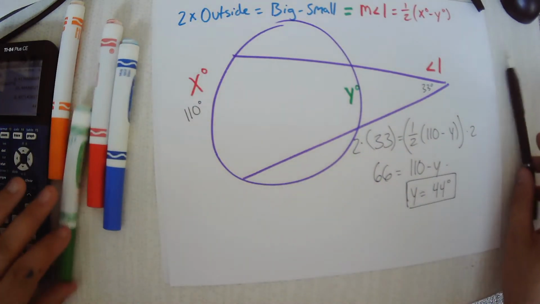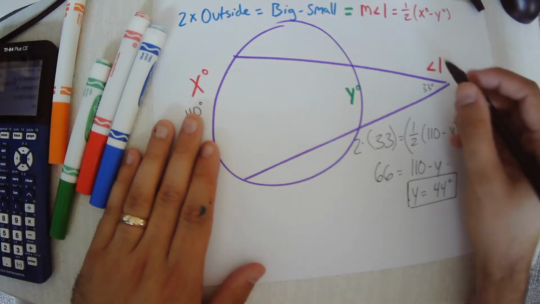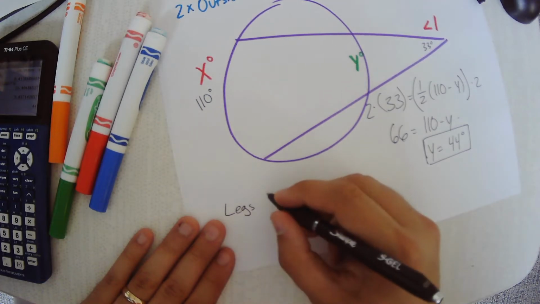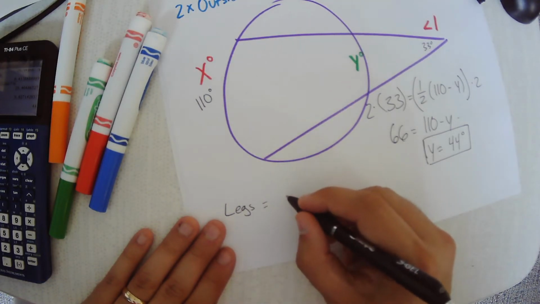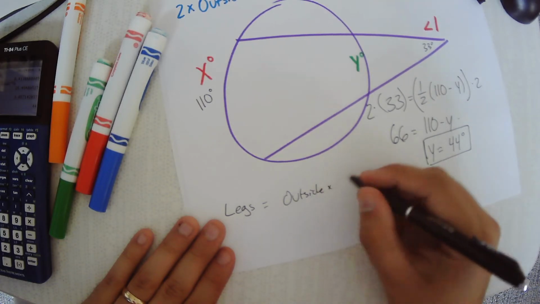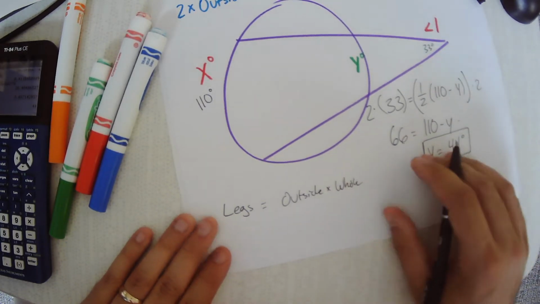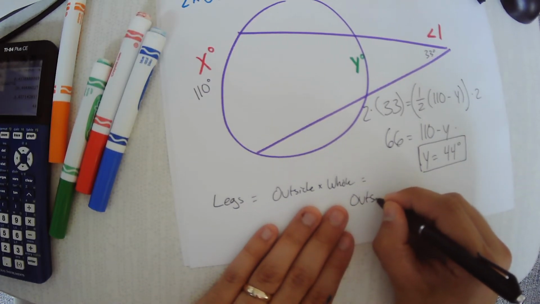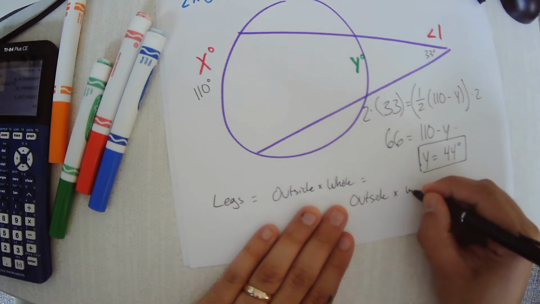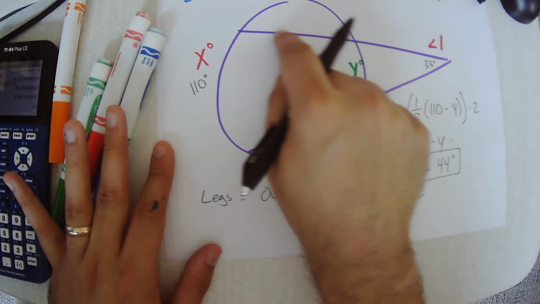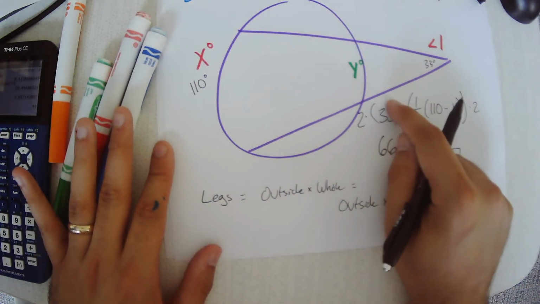And then if we did care about the lengths, so for the legs, it was the outside piece times the whole length equals the outside piece times the whole. So if we knew each of these, we could multiply them together.